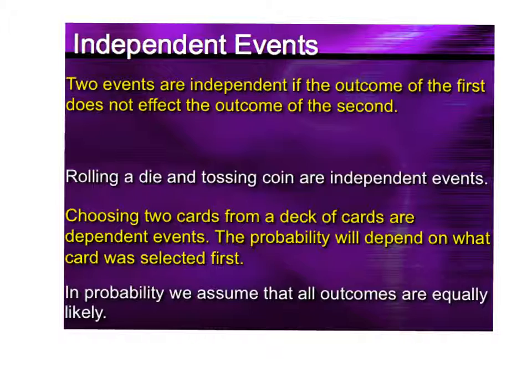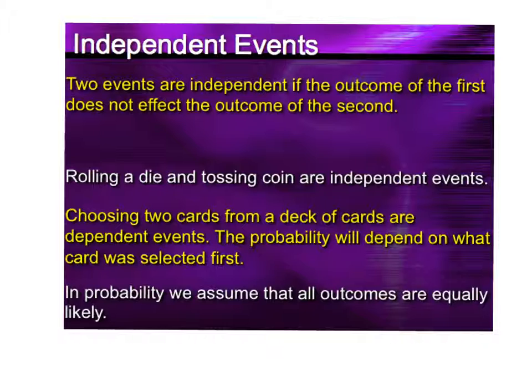So this is a multi-stage event without replacement. So if you were choosing a card and then keeping it and then choosing another card, then the probability of getting those 2 cards will be different to if you were just choosing a card and putting it back in the deck and then choosing another card.